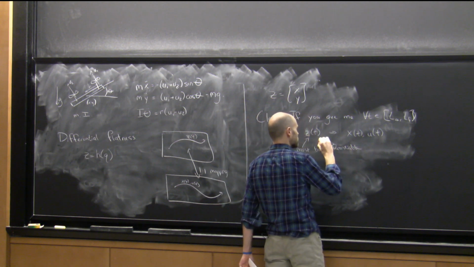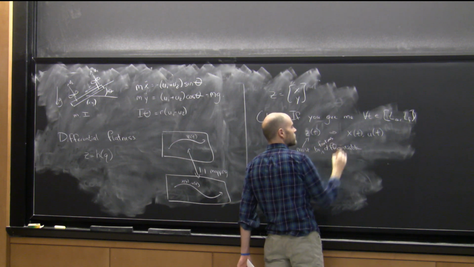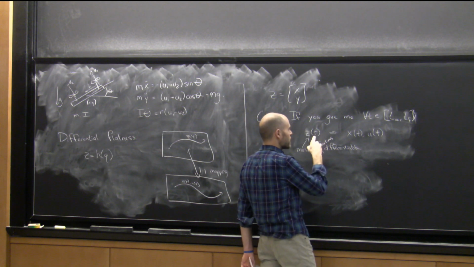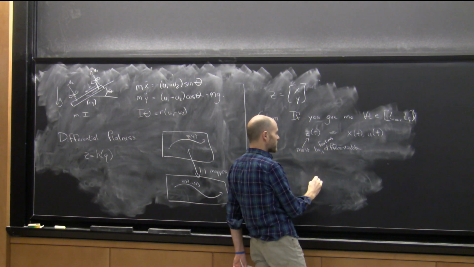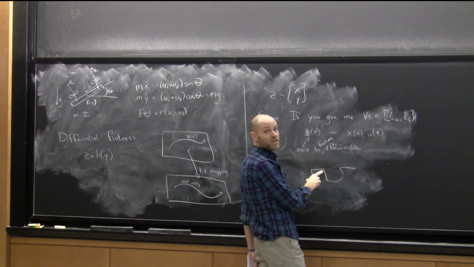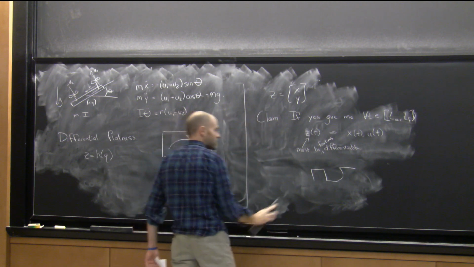Four times differentiable for this to be true, and we'll see why. You can't pick x going like this and have these corners in it, because I won't be able to find a solution that satisfies that.